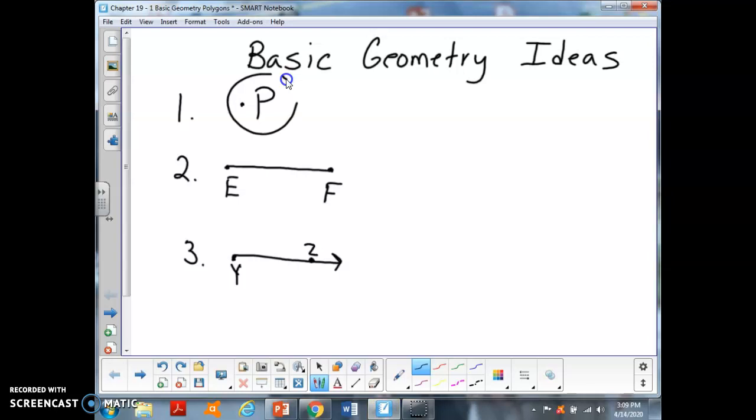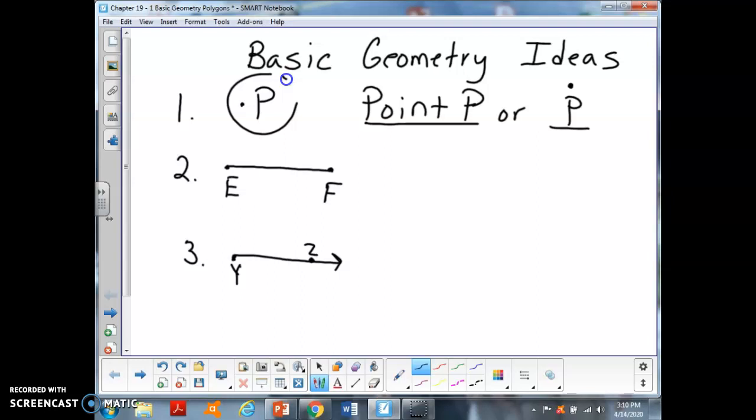We label that either by writing it out, point P, or with a point symbol on top of it. The first is labeling with words, and this is labeling using symbols.